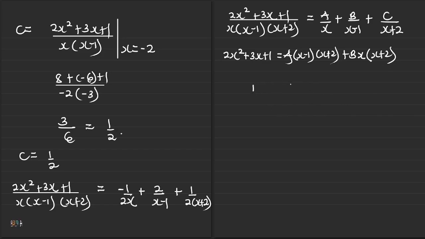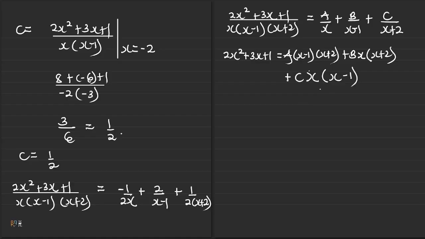Then for the c, we have plus cx as well, because the only thing that cancels out is the x plus 2, and we are left with x times x minus 1. So cx into bracket x minus 1.